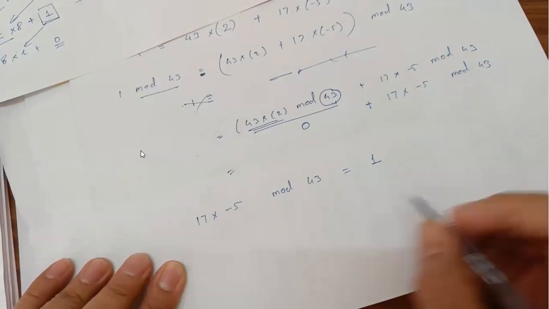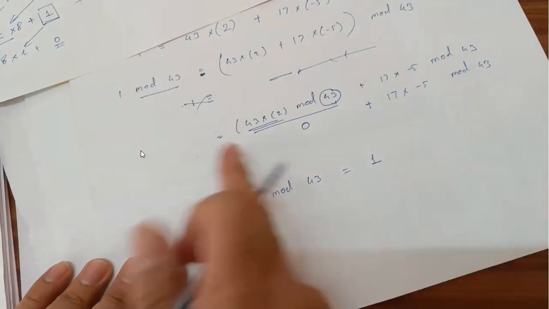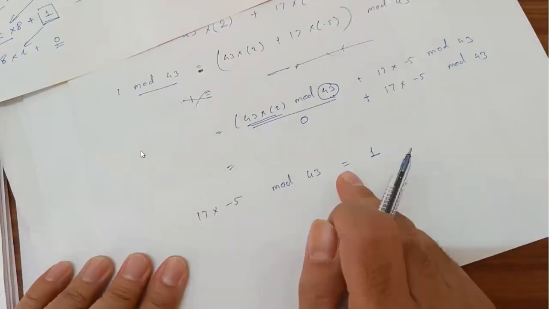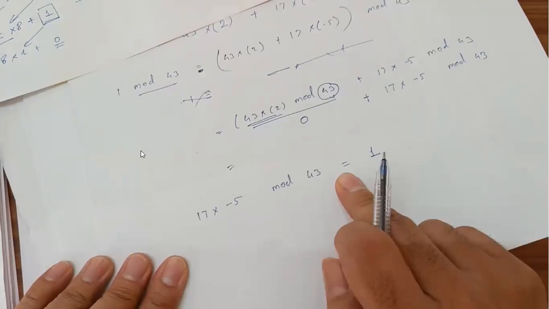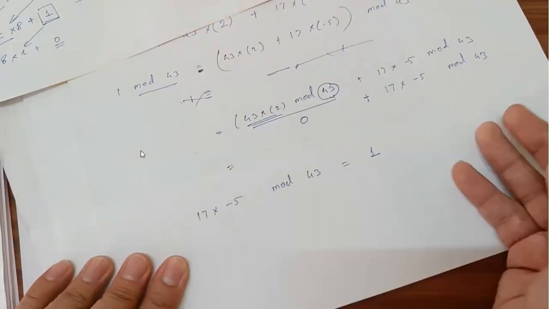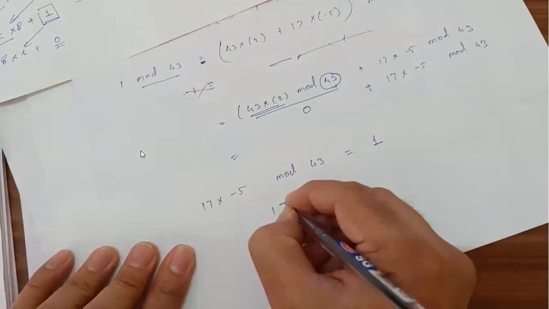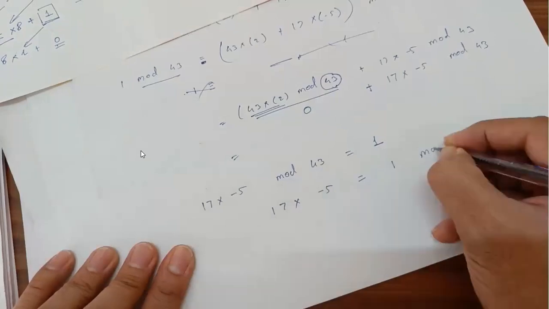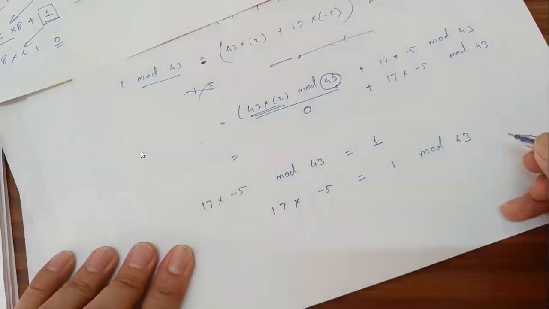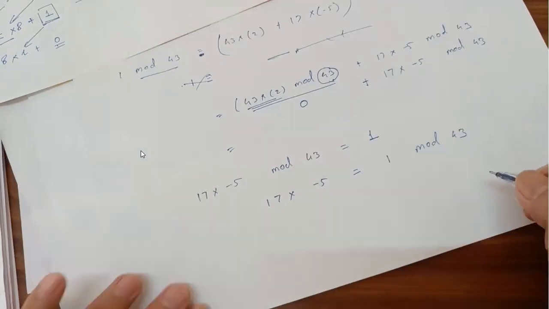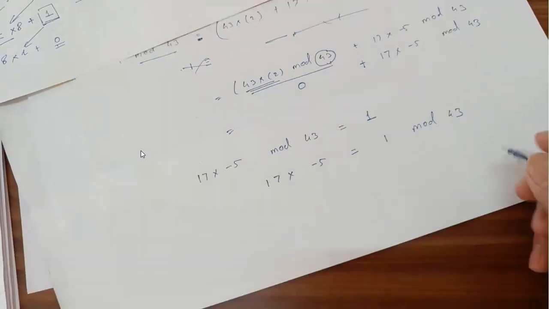Now, because I've just changed the side here, if I want to use the congruence relationship, I'm taking this one on the right-hand side, so 17 into minus 5 equals 1 mod 43. Is it correct?